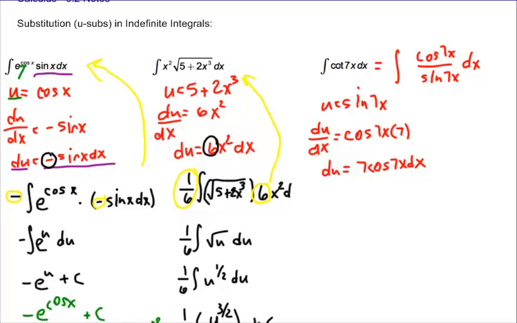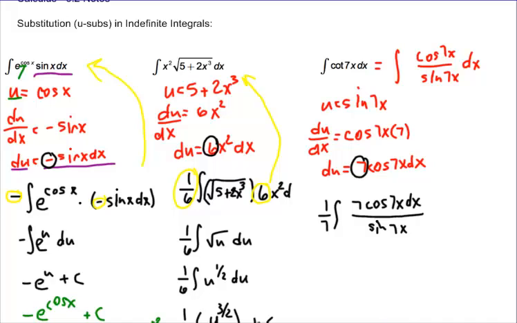Alright, so how is this going to look? Well, if I've got this 7 here, I've got to put a 1/7 in the front of my integral so that they'll cancel out. And I'm going to have my du dx, here's my du, over my u. Okay, do you see it?